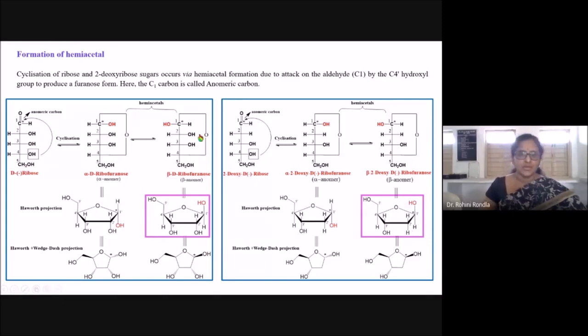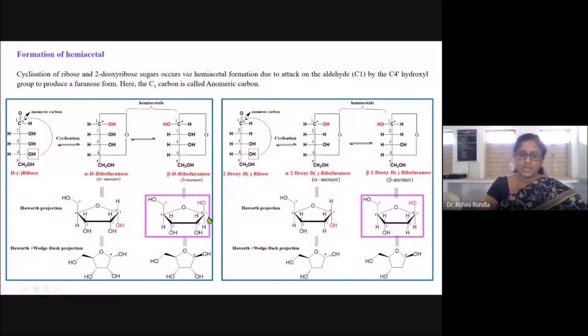So, in the hemiacetal formation, what is happening? This hydroxyl group from the 4th carbon attacks the aldehydic carbon, so we are getting hemiacetals. There are 2 types, alpha anomer and beta anomer, or alpha D ribofuranose and beta D ribofuranose. But among these, the beta anomer appears in the nucleic acids.